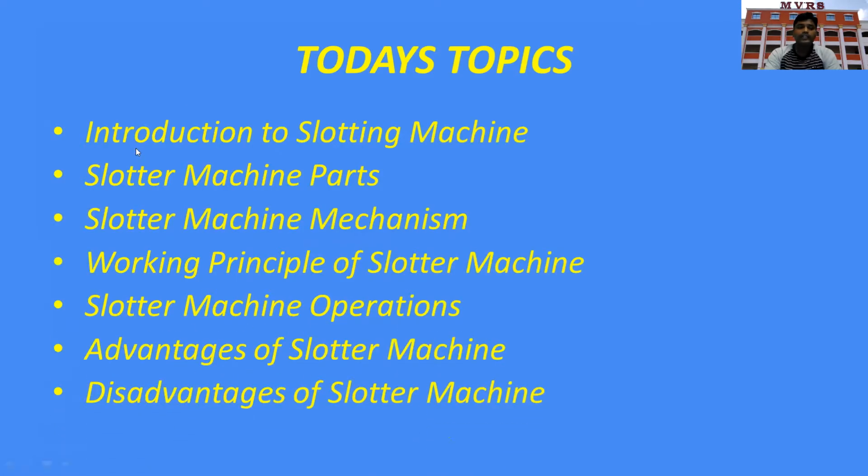We have discussed the introduction to the slotting machine, the parts of a slotting machine like base, column, cross slide, table, ram, feed, etc. We have discussed the mechanism of a slotting machine and its working principle. What is the working principle? I am once again recollecting it for you.